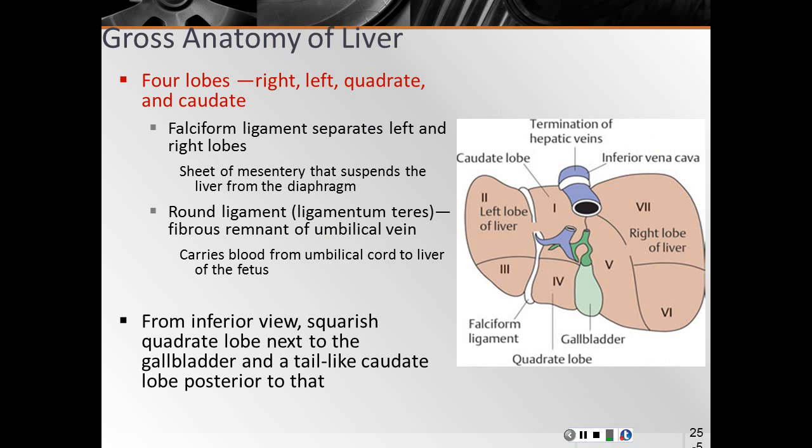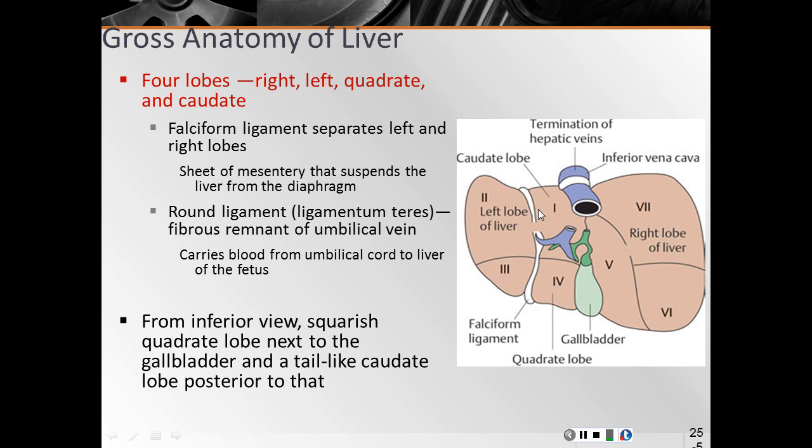Now it has 4 main lobes. When we look at these 4 lobes, we have a right, a left, a quadrate, as well as a caudate. Now anteriorly, the right and left lobes are visible and are separated from each other by the falciform ligament, which we see right here.